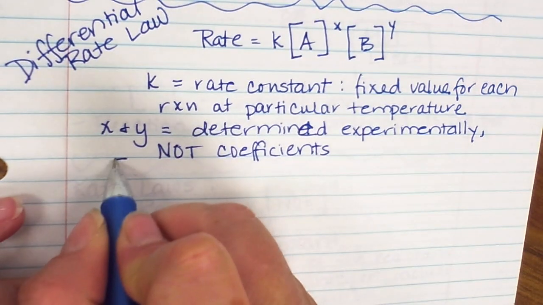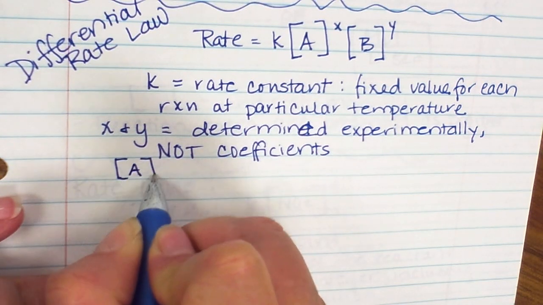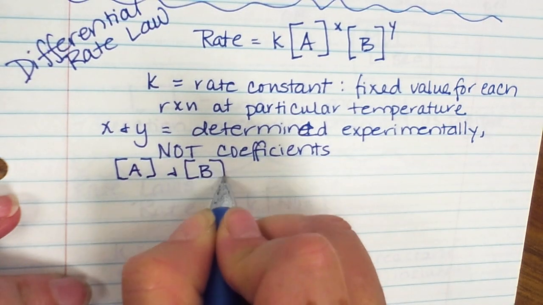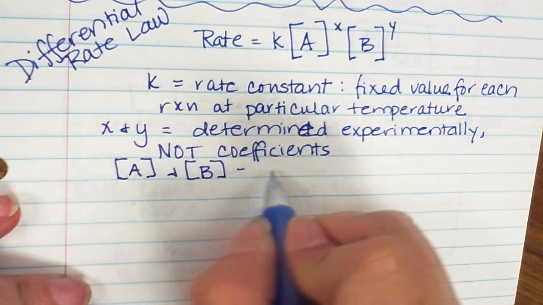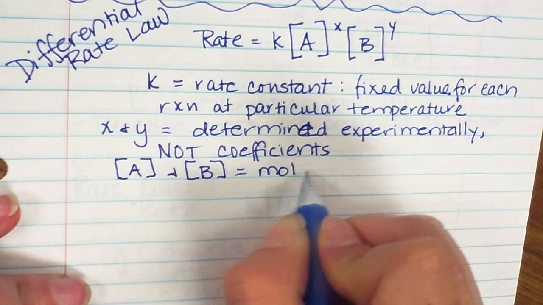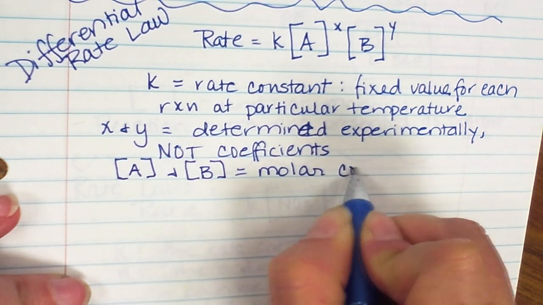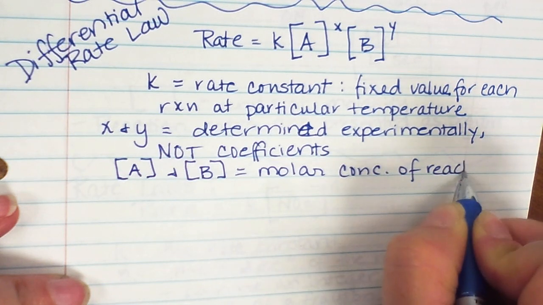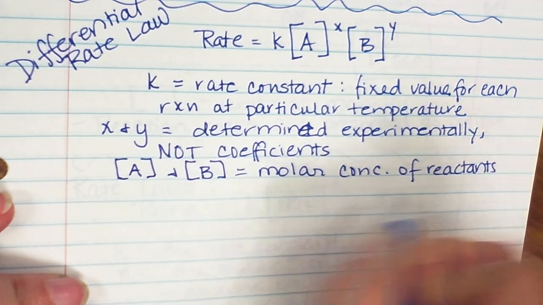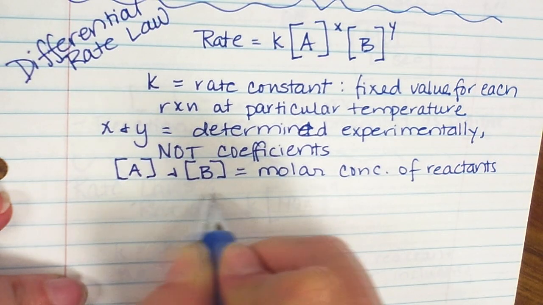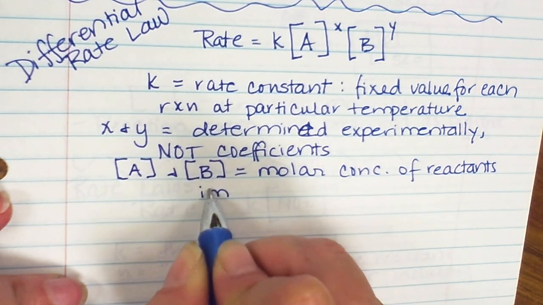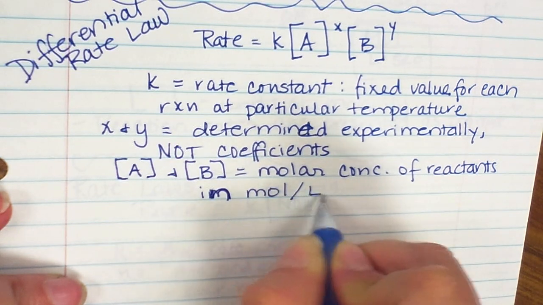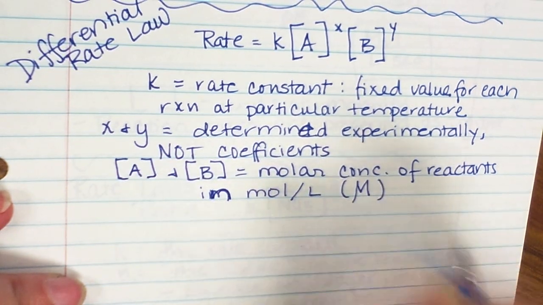And then the concentration of A and the concentration of B are the molar concentrations of the reactants only, in moles per liter. Molarity, right?